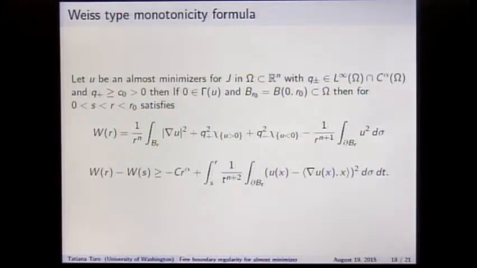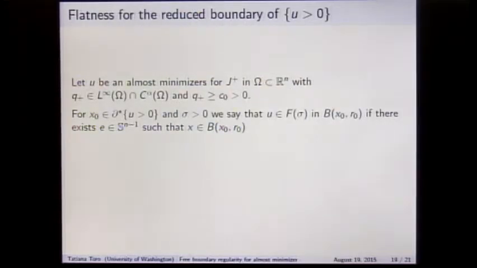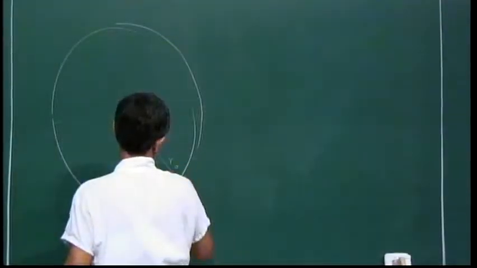Now, let me tell you what it means to be flat. What's a flat point? Okay? So I said the two ingredients were the Weiss-type almost monotonicity formula and a flatness result. So I'm going to draw flatness, then we'll define flatness. We're going to say that a point x naught is flat at a radius r naught if the following thing happens.